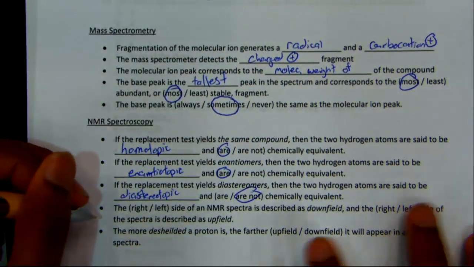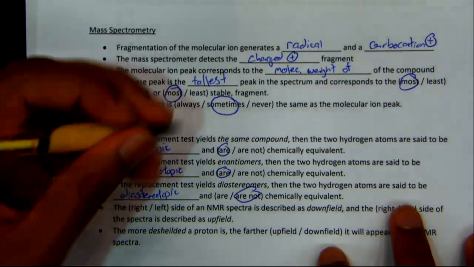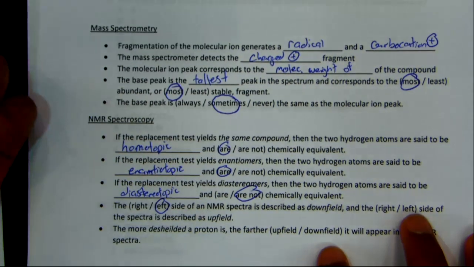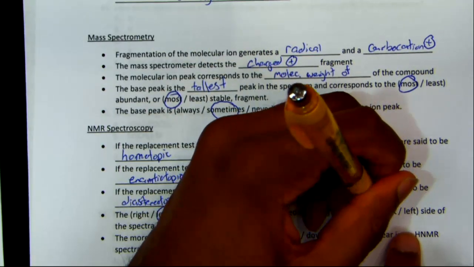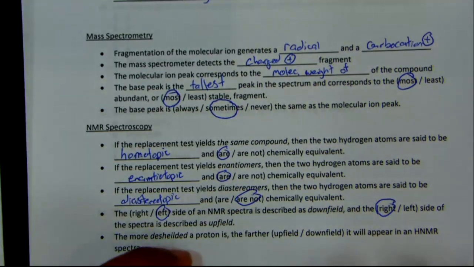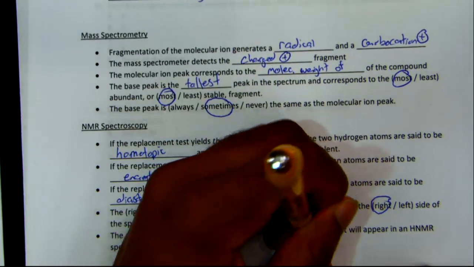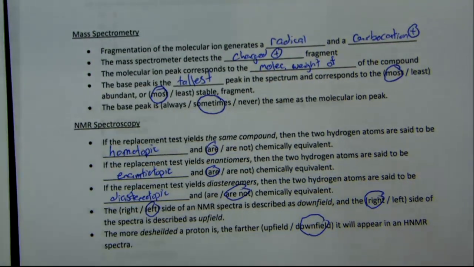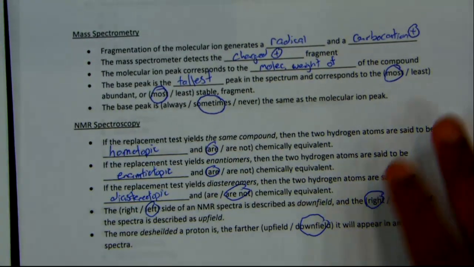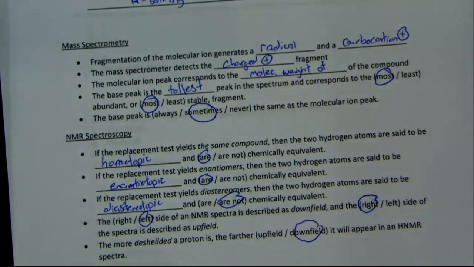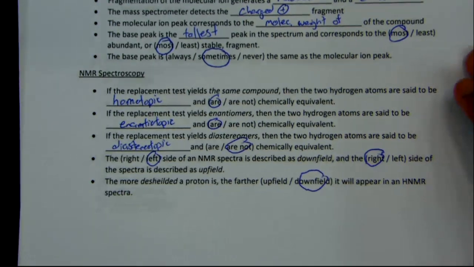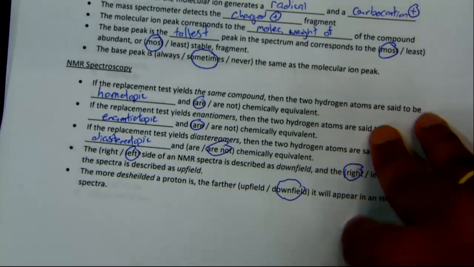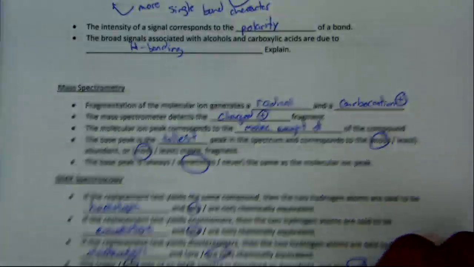Is that cool? The left side of the NMR is described as downfield, and the right side is upfield. The deshielded ones are downfield. So deshielded is the left side. Good? All good? So the more deshielded I am, the higher frequency, the more energy I can absorb.